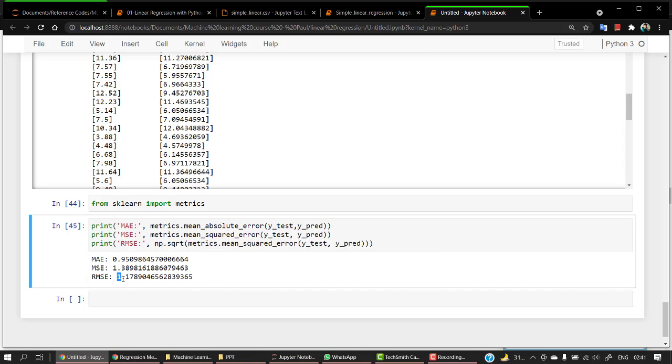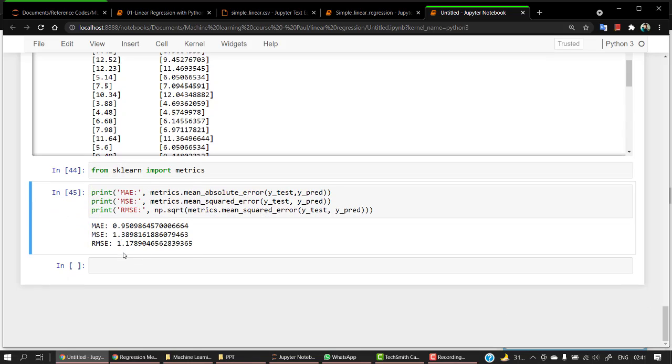As we are squaring the values, RMSE is lesser than MSE because we are square rooting it. And MAE is the smallest because we are just taking the absolute of the values, so we are getting the least value. So these are the three evaluation metrics that we have for regression.